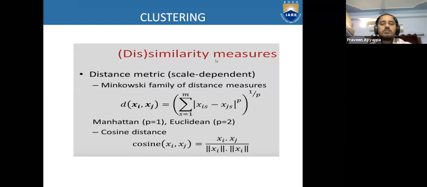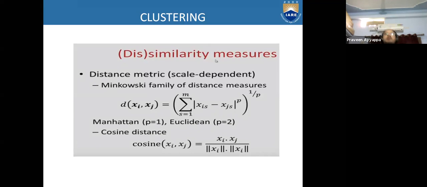Okay, so next, the cosine distance can be calculated as cosine of xi comma xj, where xi represents one object and xj represents another. Then xi dot xj by mod of xi times mod of xj is the formula for calculating the similarity or dissimilarity between two different objects in two different clusters, or two different objects in the same cluster.